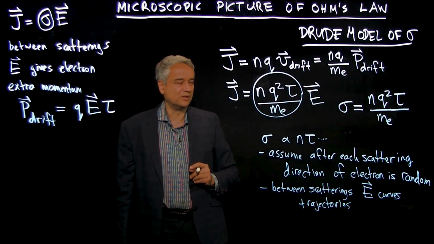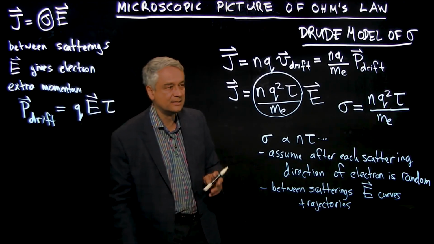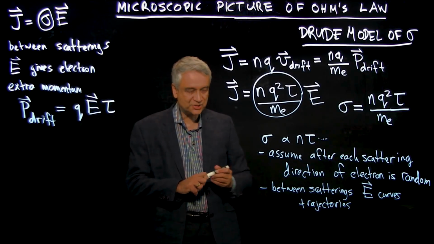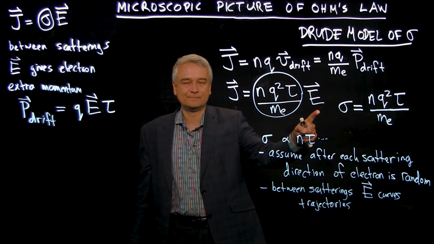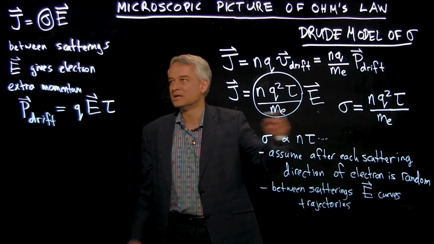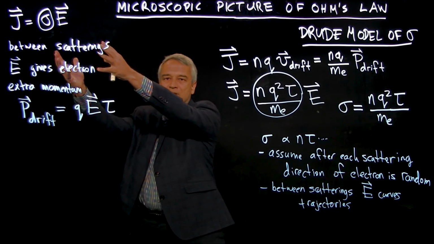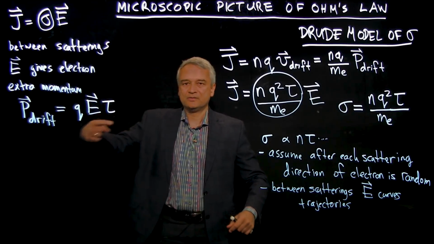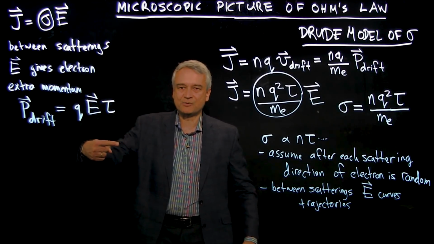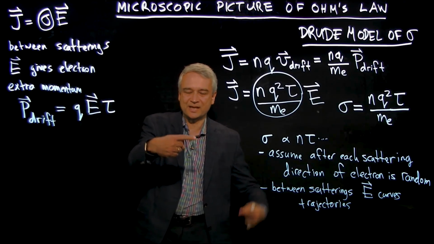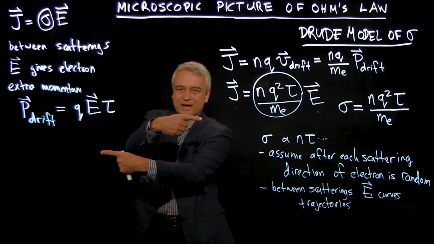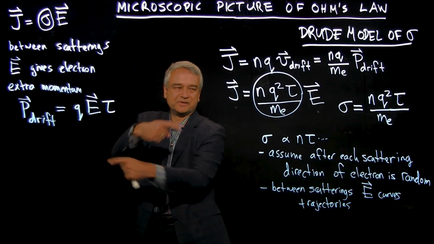And now let's first of all check signs. Notice that J is in the direction of E. It's a good thing. That was part of Ohm's law originally. And in our picture, there was this drift velocity in this direction, but that was negative electrons going in this direction. That means that the current density, J, was going that way, which was the direction of the electric field.